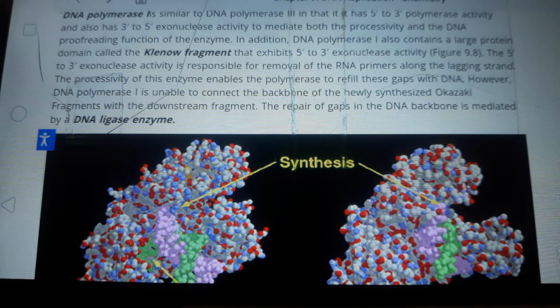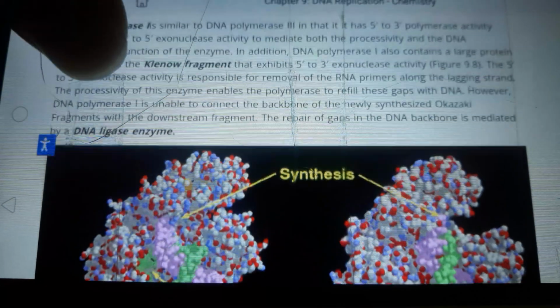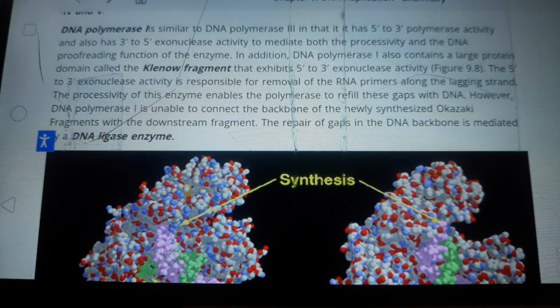DNA polymerase 1 is similar to DNA polymerase 3 in that it has 5' to 3' polymerase activity, and also has 3' to 5' exonuclease activity to mediate both the processivity and the DNA proofreading function of the enzyme.